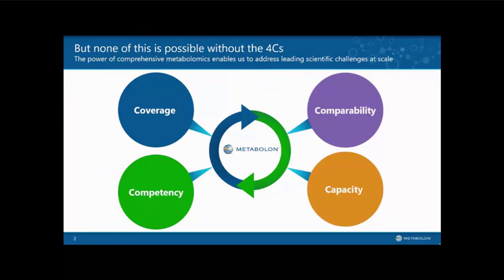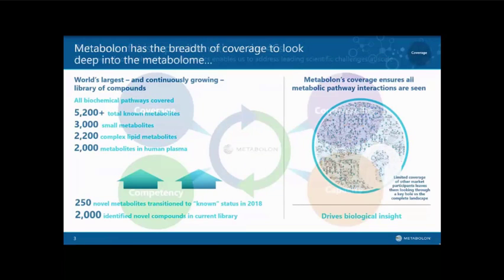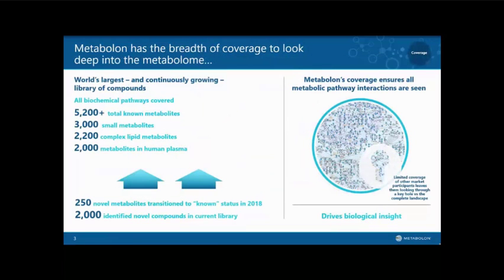So again, just to rehash what everybody has said, there are incredible insights to be derived from metabolomics within vast areas of research. But we know that there are core competencies which are really key to be able to deliver this, and Metabolon delivers on these. Metabolon has the largest breadth of coverage of anyone in the industry.